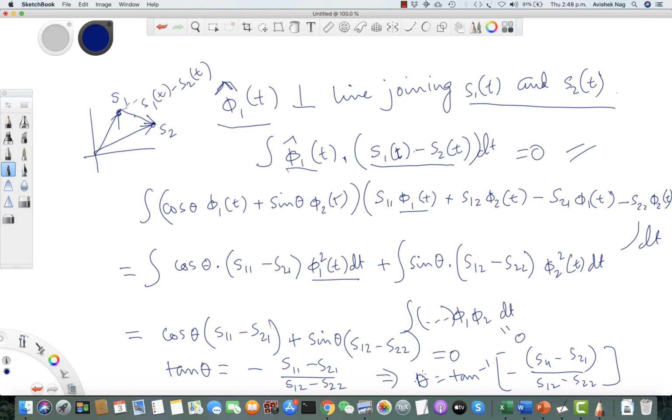If you rotate the axis by this angle theta, which is given purely in terms of the coordinates of the signal in the original axis, you know how much you have to rotate so that in the new axis phi 1 hat(t) is perpendicular to the line joining S1 and S2, and then you can have one single matched filter to represent your optimum receiver.